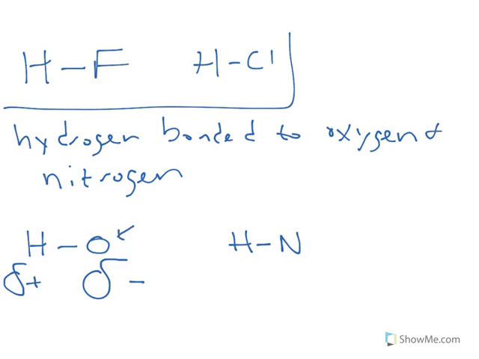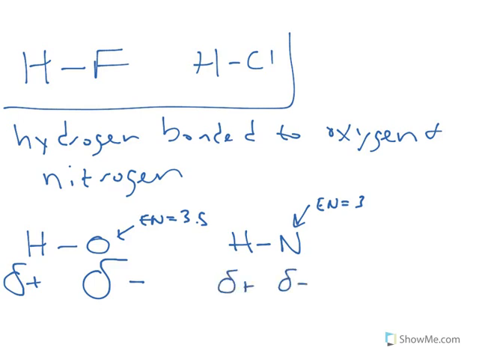Same with hydrogen and nitrogen, just not to the same extent. Remember, oxygen has an electronegativity value of around 3.5, and nitrogen has an electronegativity value of around 3. And fluorine maxes out at 4. So the nitrogen barely makes it. So does chlorine. They barely make it into what we call hydrogen bond donor qualification.